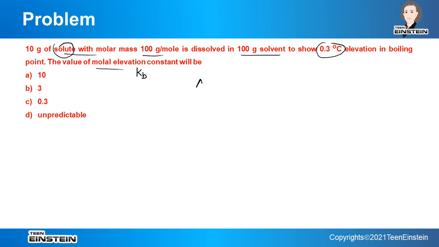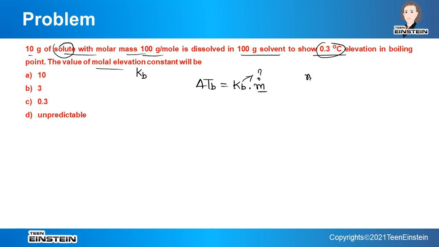So here the expression is del TB equal to Kb into molality. Fine. So del TB is given, 0.3. Kb we have to find out, this is unknown, and molality is not directly given, but we can easily calculate it. So 10 gram of solute is the given weight of solute, and the molecular weight of solute is given.